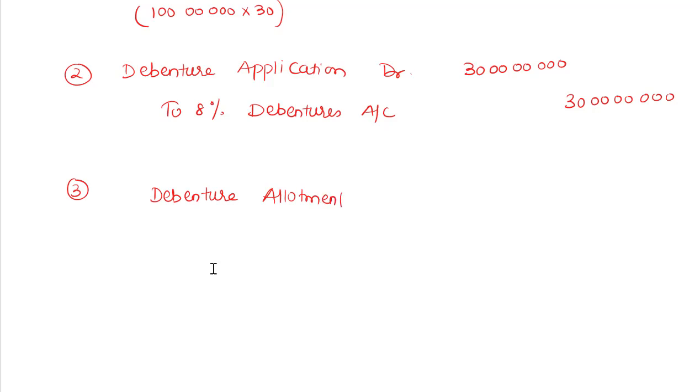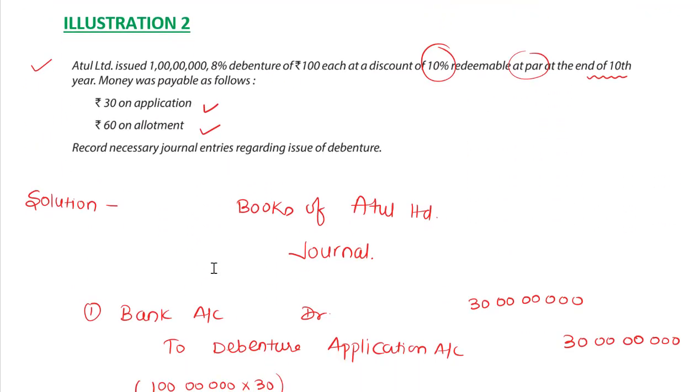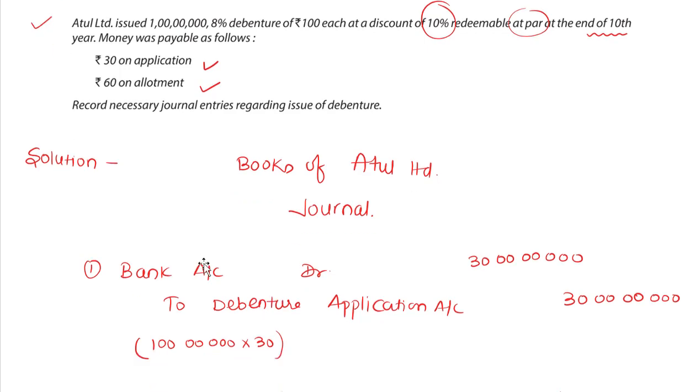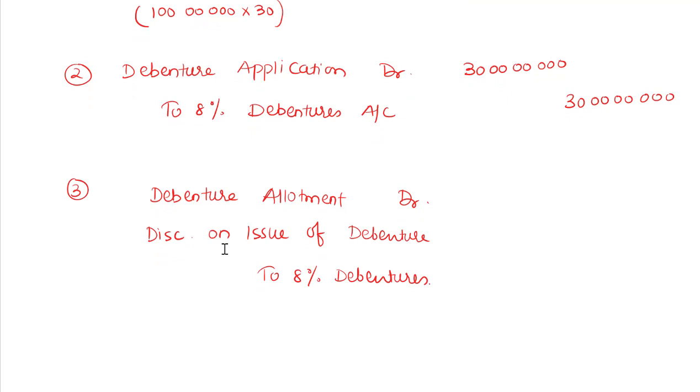Debenture allotment debit, discount on issue of debenture debit to 8% debentures. 60 on allotment, that means 10 is the discount, so debenture allotment 60.